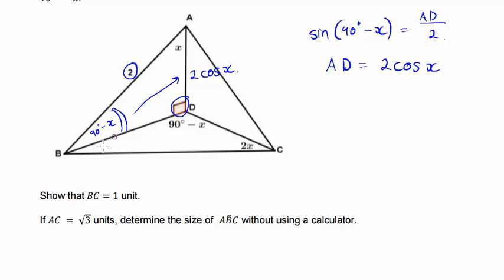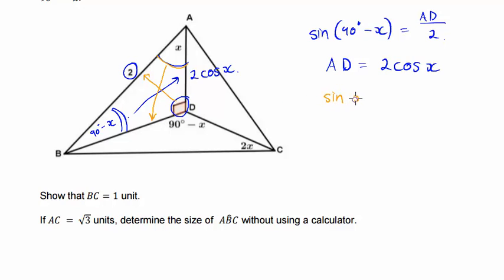Let's look at BD. What is BD's length? BD is, I could just use this one. The x, it's simpler, and I could say that this is its opposite side length, and that's still the hypotenuse. The hypotenuse stays the same. So I can also use sine.